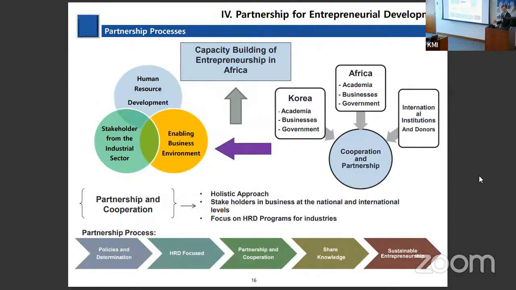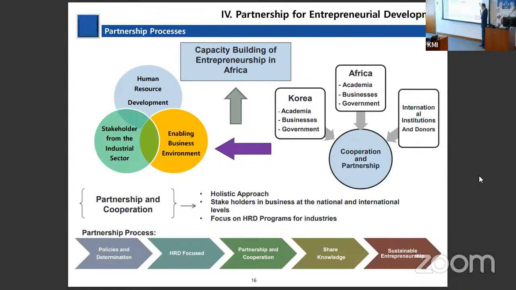This is the last slide, more or less, and the model. If we want to improve the capacity of entrepreneurs, it is not possible with only one academic sector like where we are. I believe that academia, business, and government should all work together in Korea, Africa, and the international institutions.